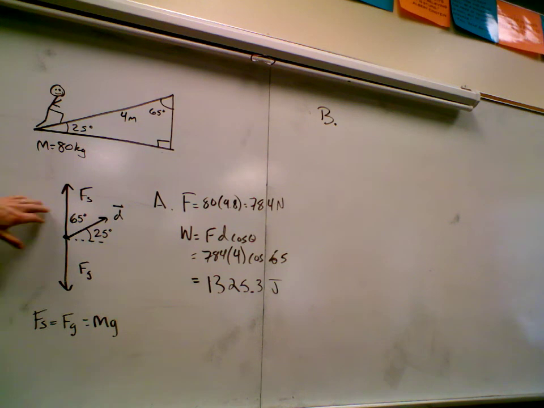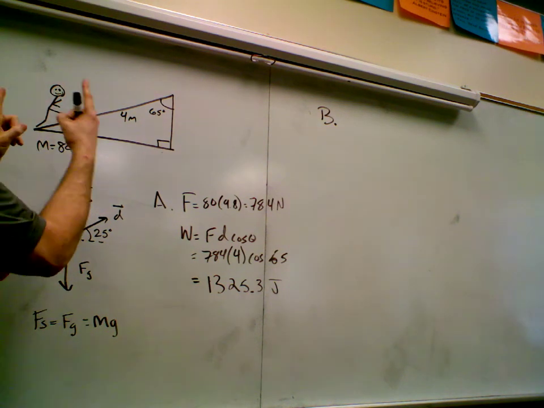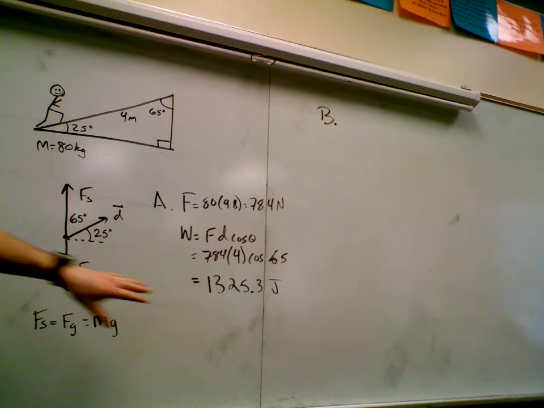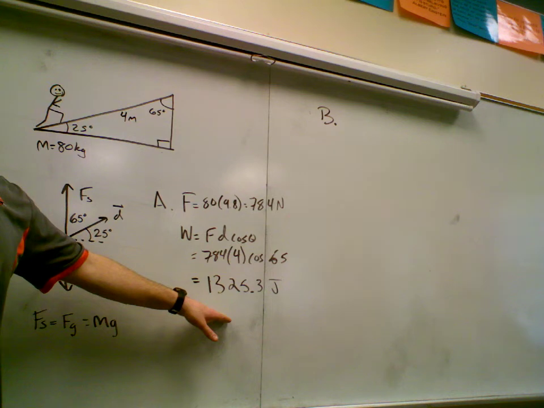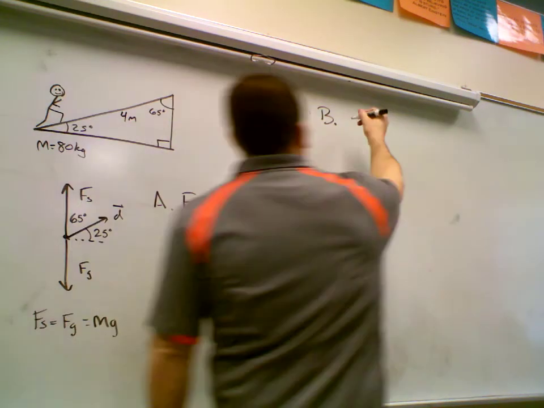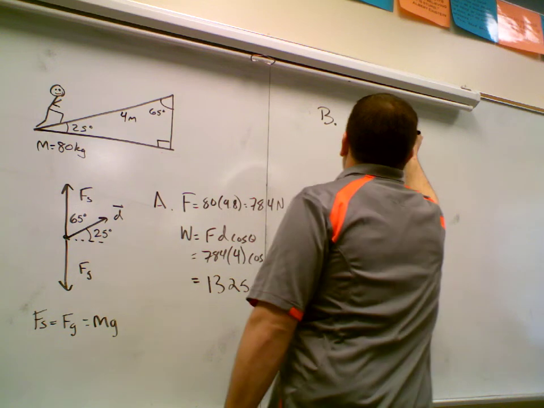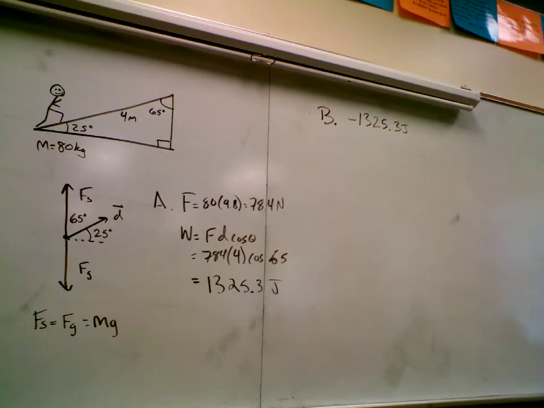So that means if the student and the displacement were in the same direction, then gravity and the displacement are in opposite directions, right? So using that reasoning, I could say they do the same work, but the work of gravity is negative. So we could just say negative 1325.3 joules because it's the same magnitude.